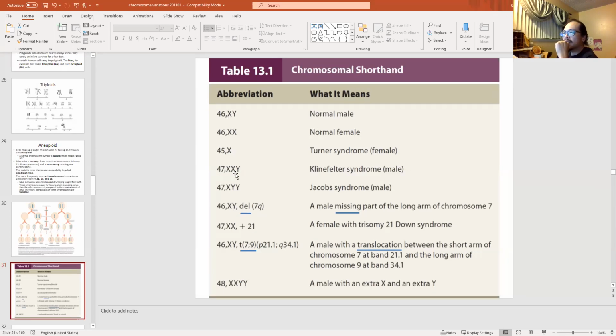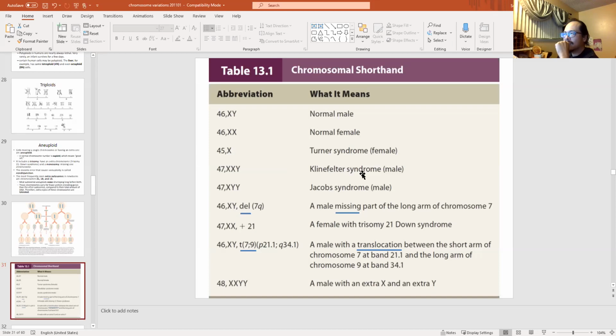We may also have XXY, an extra Y or extra X, right? That condition is also not uncommon, maybe second to Turner syndrome: Klinefelter syndrome.